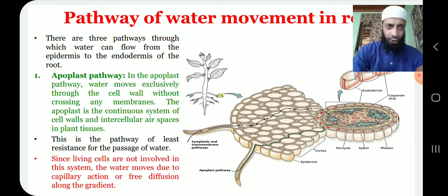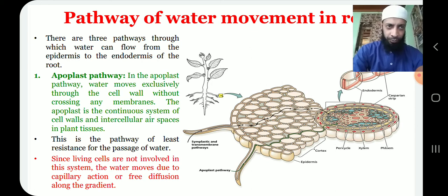As you see in this diagram, the apoplastic pathway is shown through green color. You can easily see this apoplastic pathway of root hair cell and then flows cell to cell through cell walls and intercellular spaces. It is called endodermis.